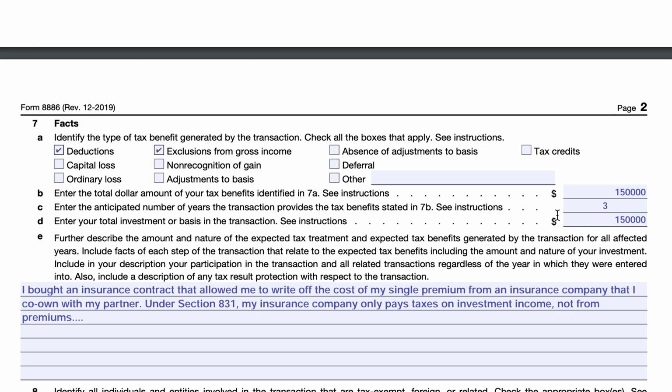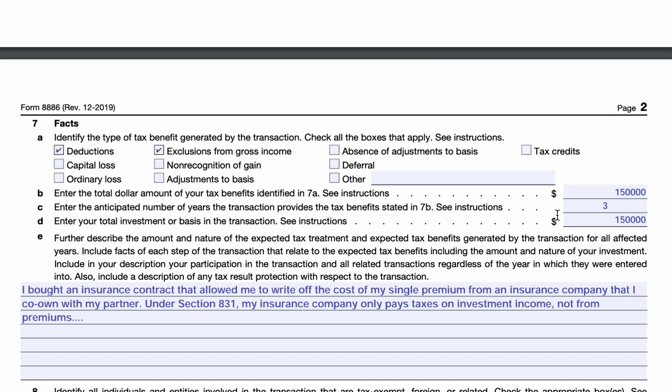You'll simply find yourself with a disallowed tax benefit. You're going to have to redo your tax return, or pay interest and increased tax, possibly a penalty, if you did not practice reasonable cause or due diligence in reporting your tax position.